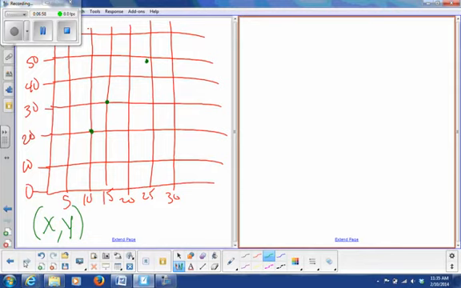Okay, number 1 says the function table shows values for the equation y equals 2x minus 3.